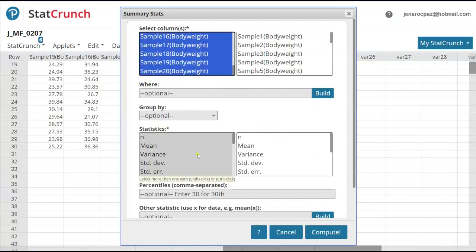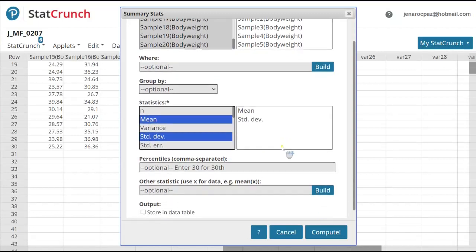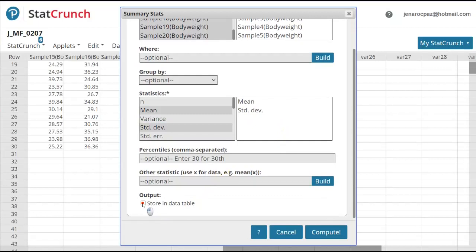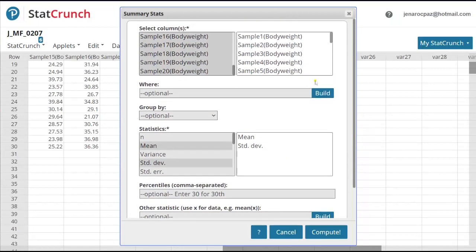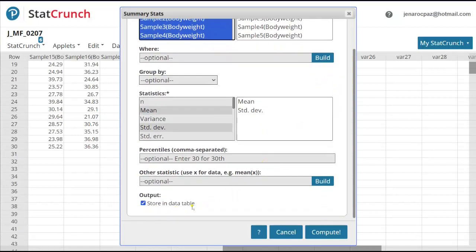Now, I want to find the mean. I want to find the standard deviation. Let's store that information. Okay, let's do it also for the original one, this one here. Store in a data table.